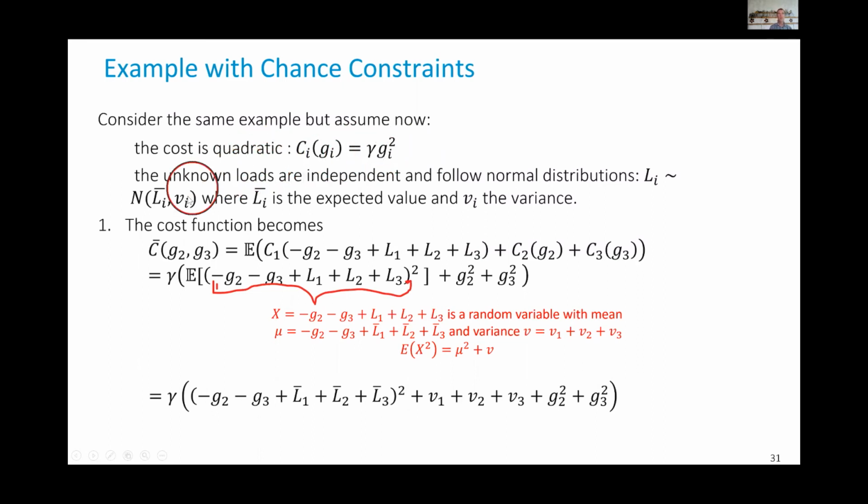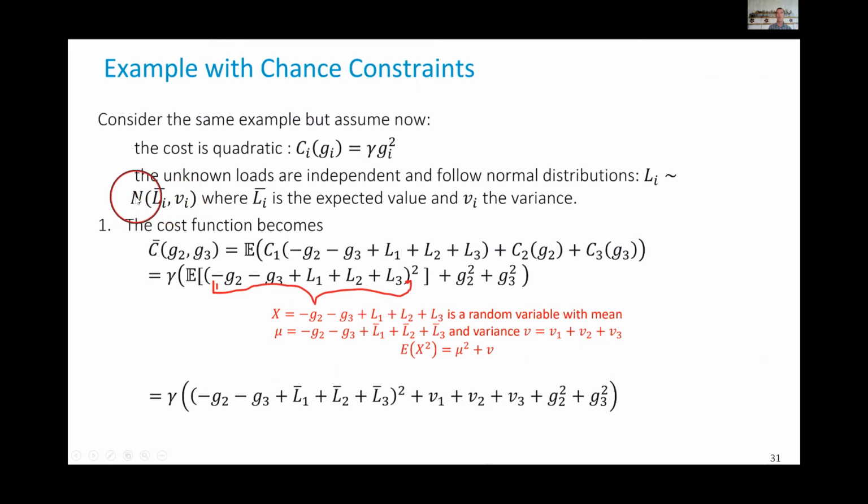Now I need to compute the expected cost. To make it more aligned to what we will often see in practice, I am assuming that the unknown quantity, the disturbance, follows a Gaussian distribution.